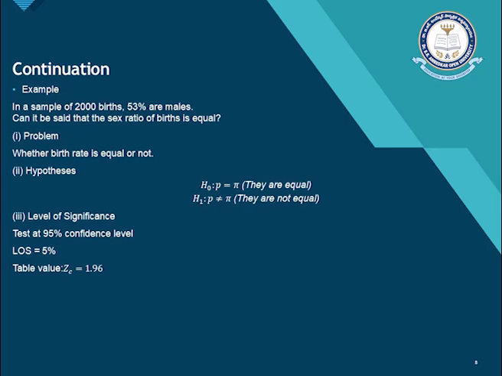Now, continuing the problem, the question is whether the birth rate is equal or not. The sample proportion is 0.53 or 53%, and the null hypothesis is P is equal to pi.